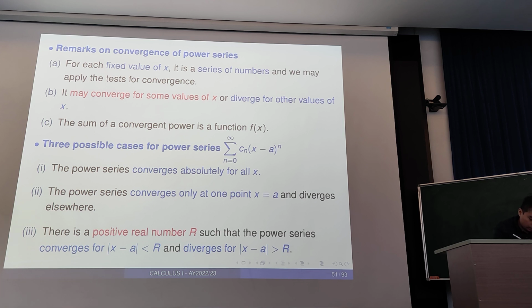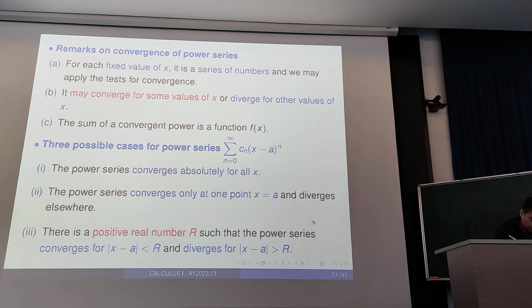The first one: the power series converges absolutely for all x. That is the first possibility. The second case: the power series converges only at one point and diverges elsewhere. Only one point.